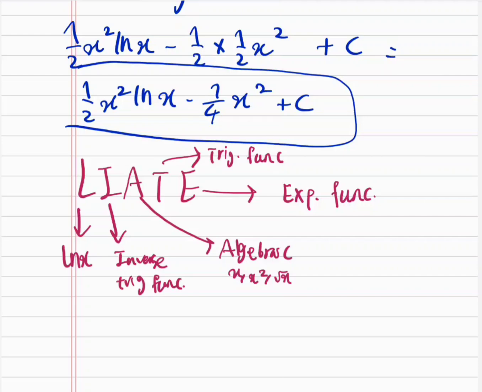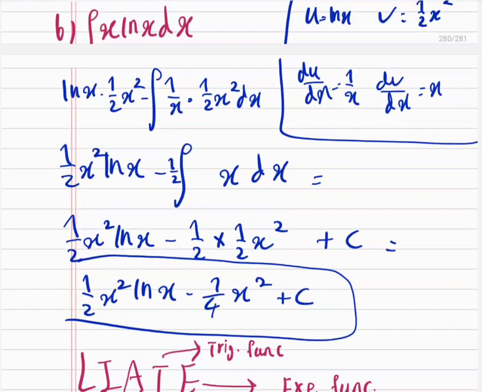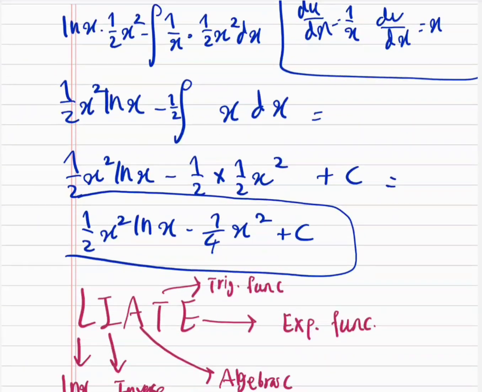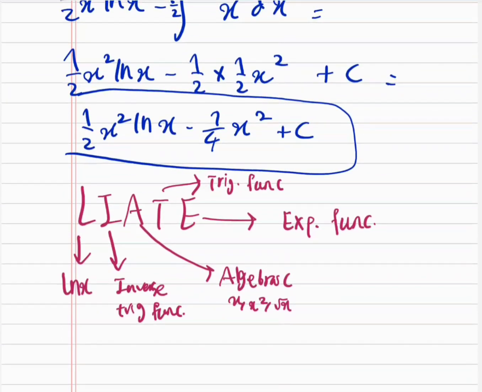The whole point of this acronym is that whenever you have functions, you just follow this order. In this case, we had a logarithmic function as well as an algebraic function, but since logarithmic functions have higher priority, we set u equal to ln x.